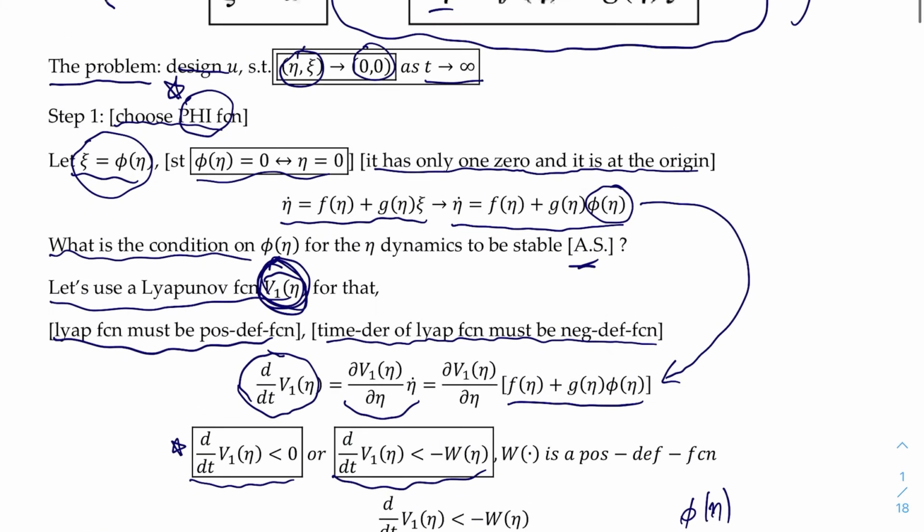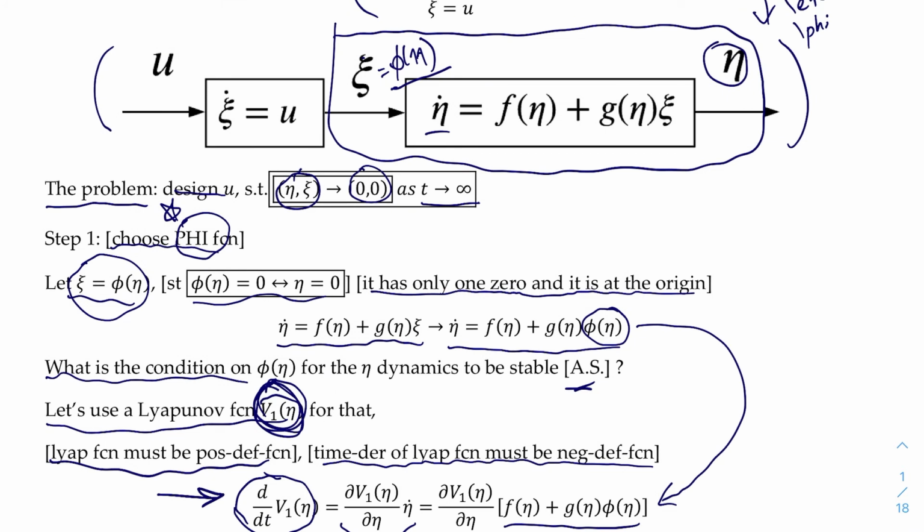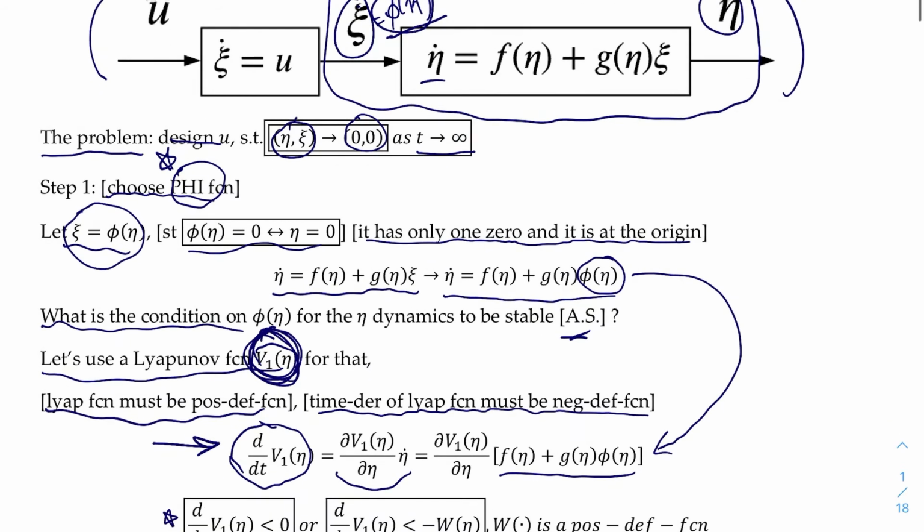And yeah, this v1. Choose xi as phi of eta such that there exists v1 of eta positive and its time derivative is negative.